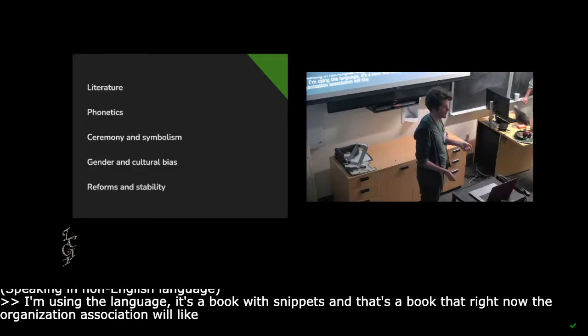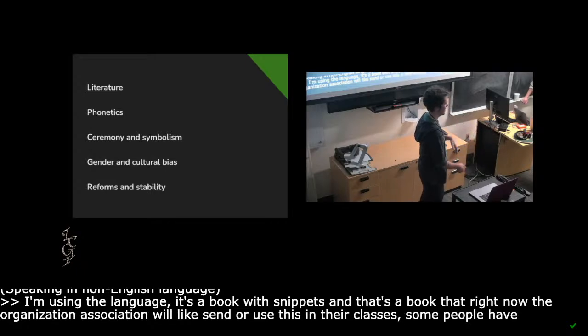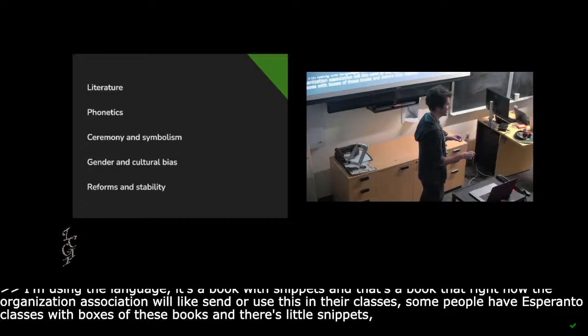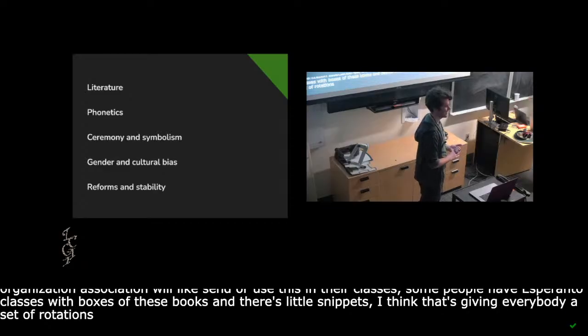So people will have Esperanto classes and then they'll buy a box full of these books. And then it'll show up and you hand out these little books that are just full of snippets. And I think that more than anything is giving everybody a shared set of quotations and a shared list of, oh, I liked that, I should go read that part. Yeah. Don't know if I answered your question at all. Yeah. Thanks. Okay.